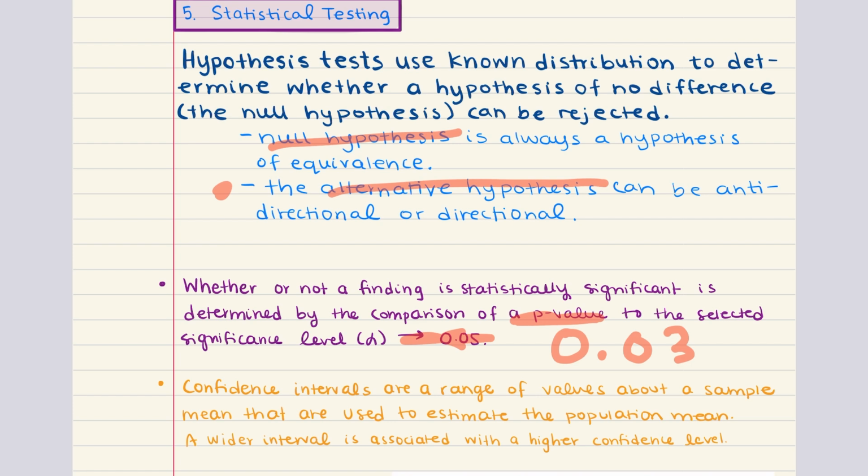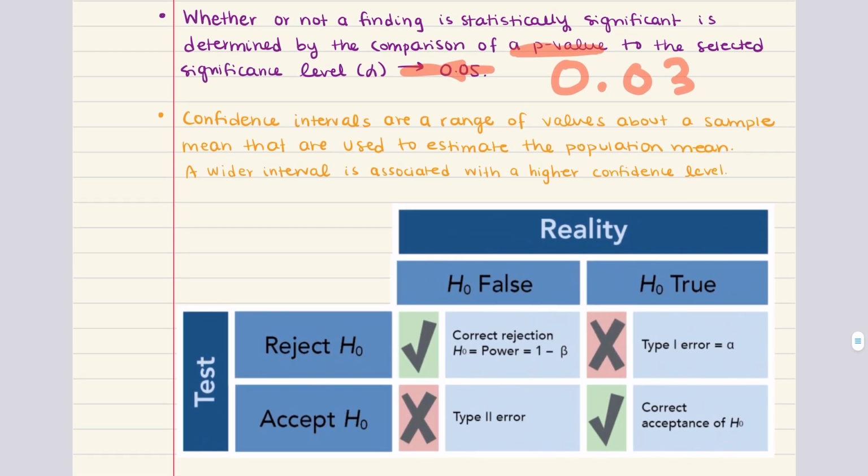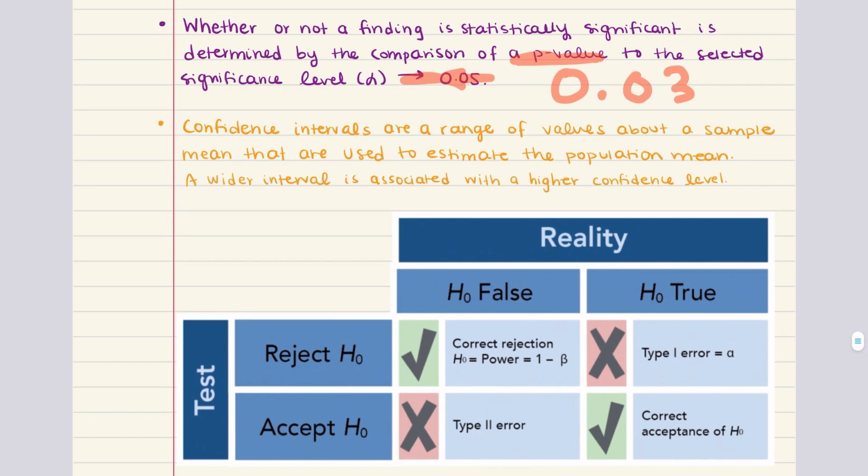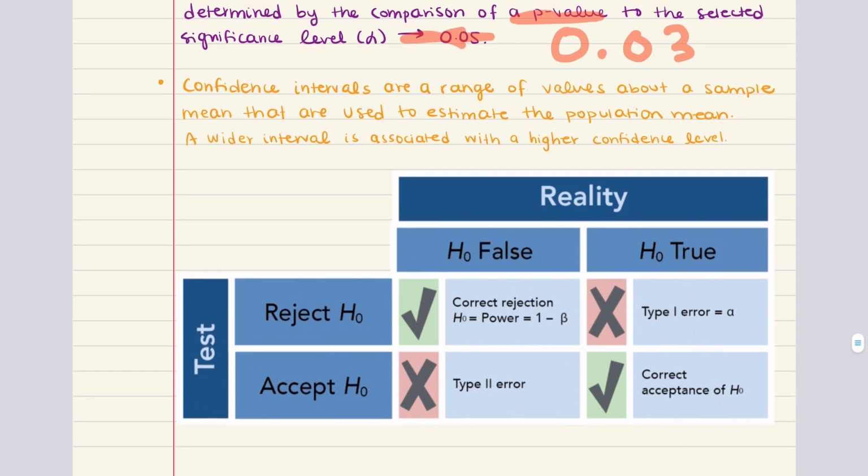However, it's important to note that rejecting or failing to reject a null hypothesis comes with risks of error. And these errors are categorized as type 1 errors or type 2 errors. A type 1 error occurs when we reject the null hypothesis, even though it's true. This is also known as a false positive.